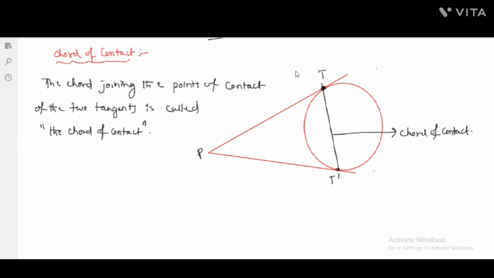So this is the way we define chord of contact of tangents.